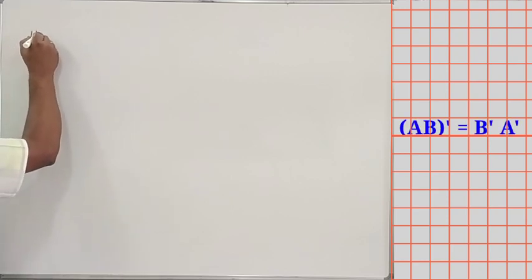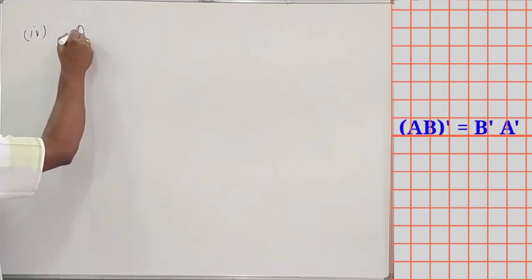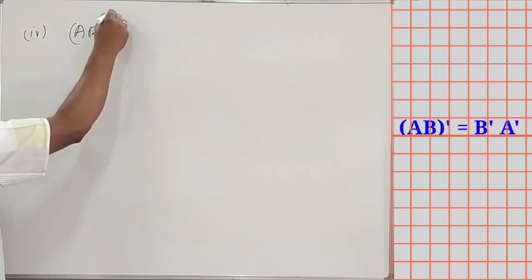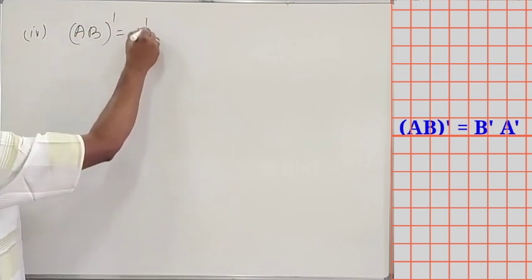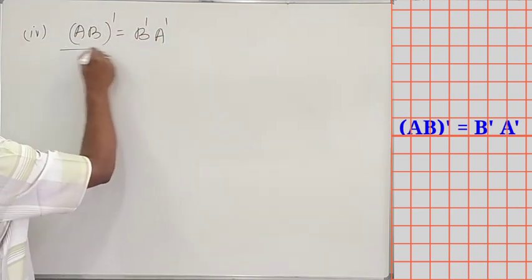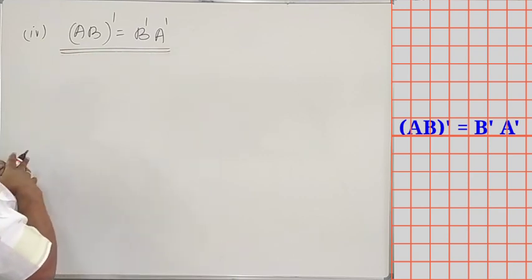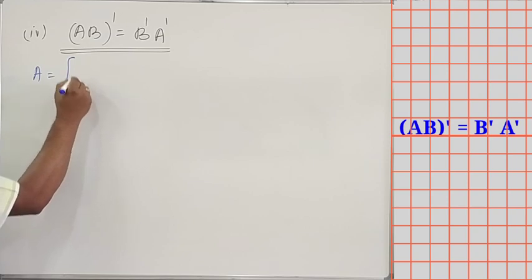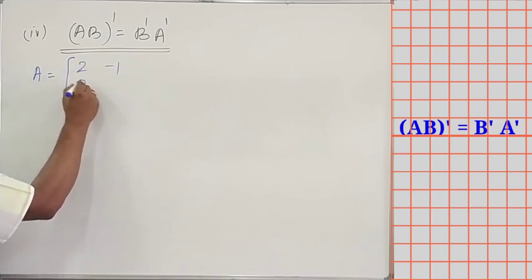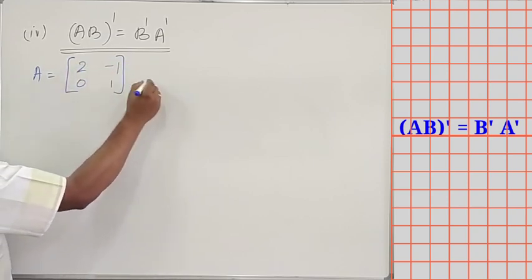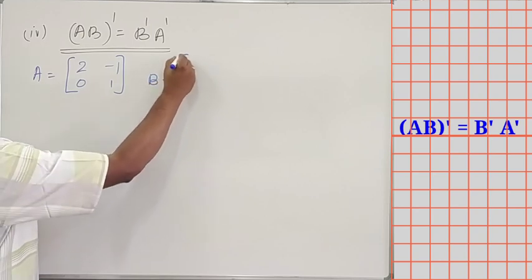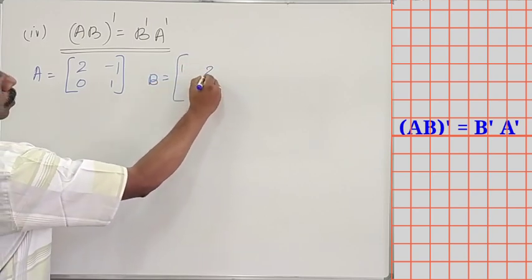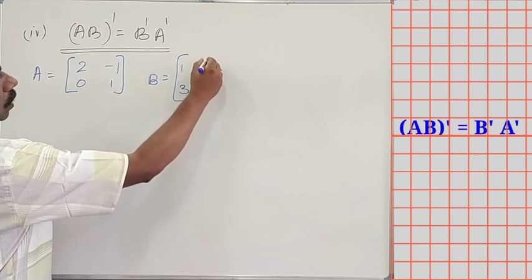So the third property is A plus B whole transpose is equal to A transpose plus B transpose. The fourth property, that is A into B whole transpose is equal to B transpose into A transpose. Say for example, A is equal to matrix 2, minus 1, 0, 1 and B equal to matrix 1, 2, 3, 4.